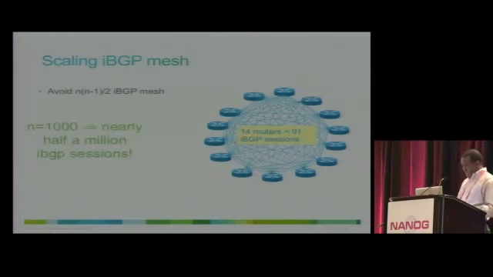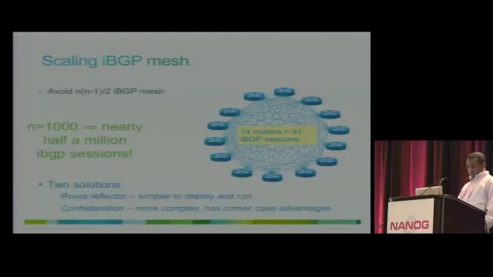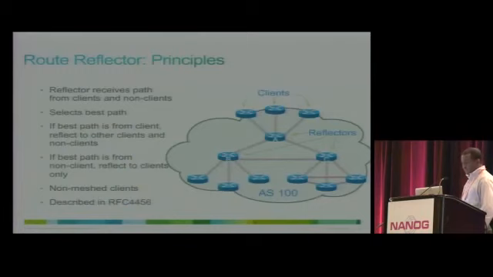The way route reflectors work is that you select a couple of routers as route reflectors, and then everybody peers with those route reflectors. Now, the route reflectors change the behavior. Typically, when an IBGP peer receives a route from one IBGP peer, it doesn't advertise it to any other IBGP peer. It only advertises the route to eBGP peers.